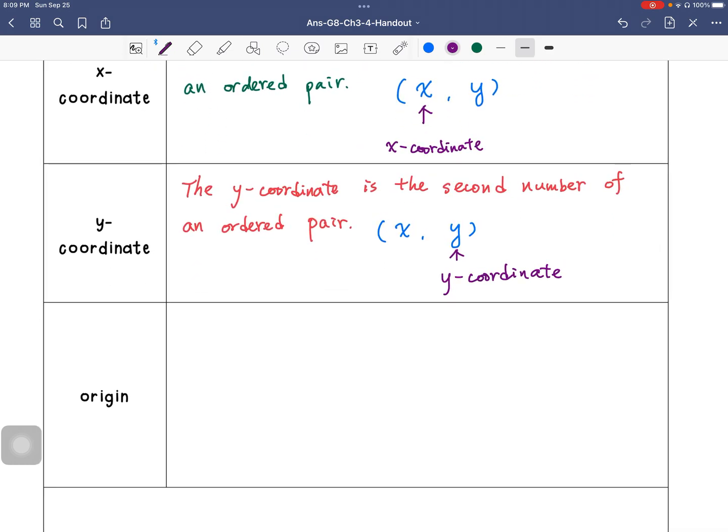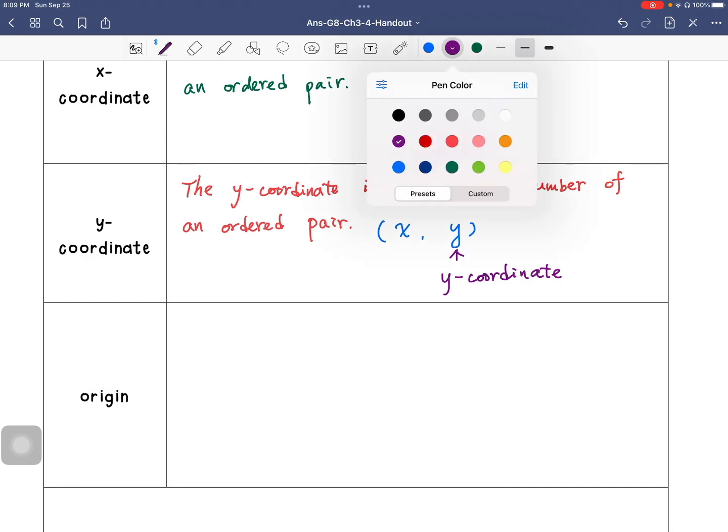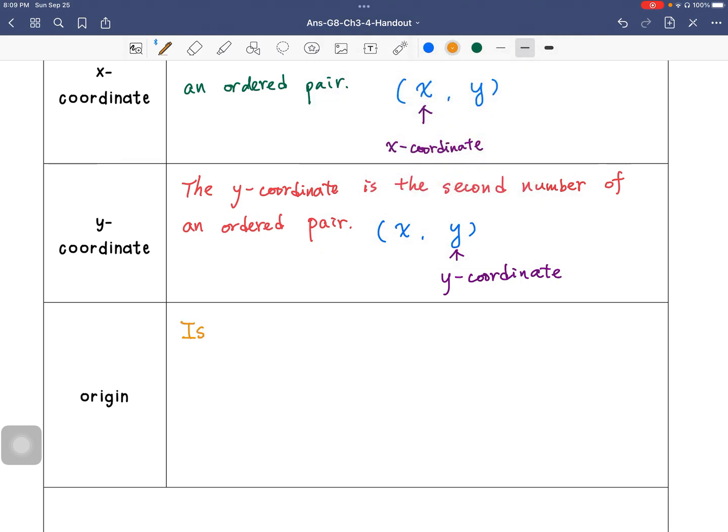And then the origin. So what is the origin? Now we have to plot the ordered pair. All the ordered pairs are plotted on a coordinate plane.